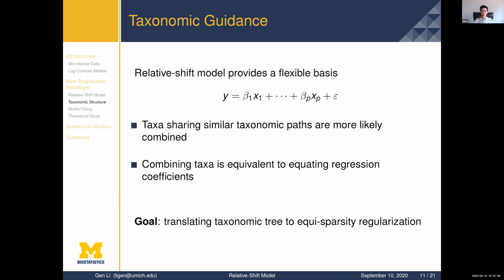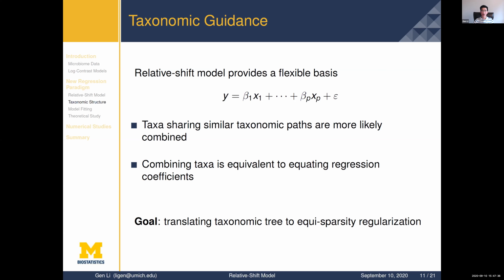So consider our model. Recall that the basic idea is that taxa sharing similar taxonomic paths are more likely to be combined. In other words, if two genera belong to the same family, then they are more likely to be combined without losing information than two genera that belong to different families or different orders. That's the basic idea.